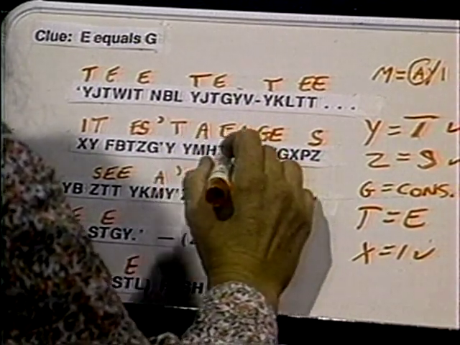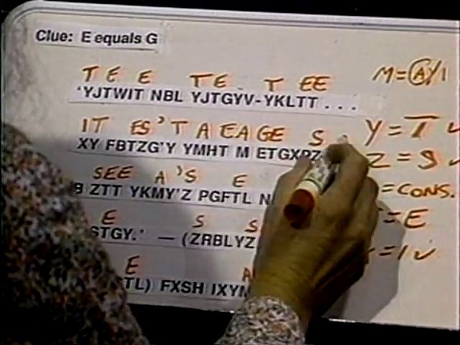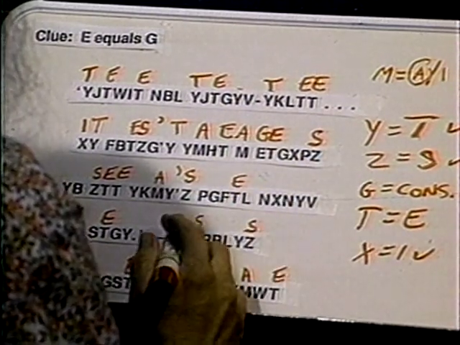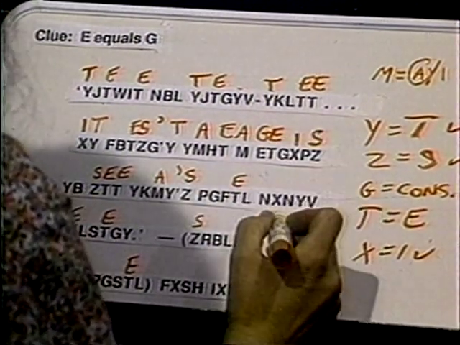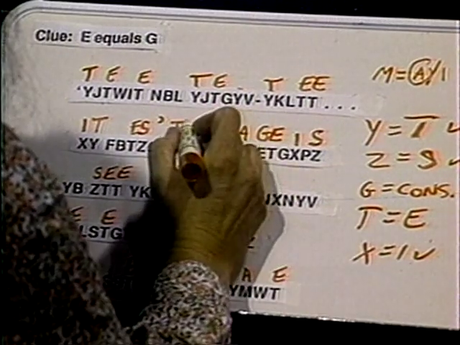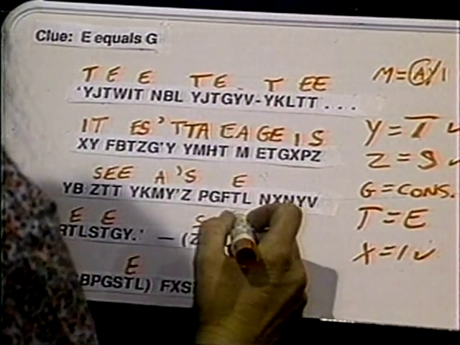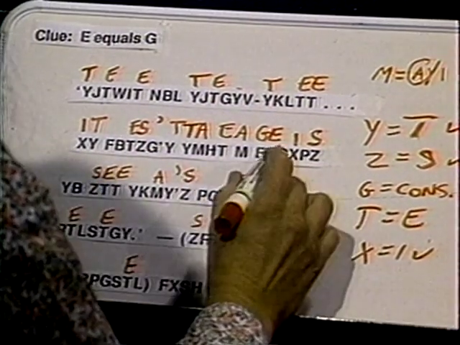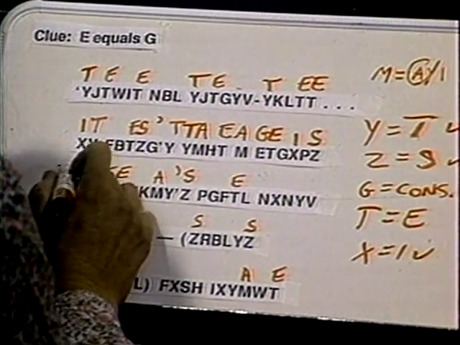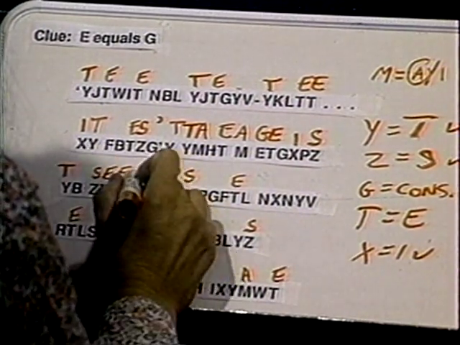X and Y. X is I, so we're going to put an I here. Y is T. Now it's starting to look like something.